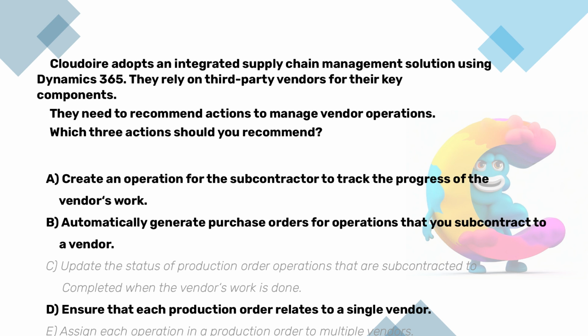Although initially uncertain, this option is important as it can streamline procurement processes while mitigating potential vendor-related issues, and ensure each production order relates to a single vendor. This maintains the integrity of each production order by ensuring clear vendor associations, which is essential for accurate tracking and management.